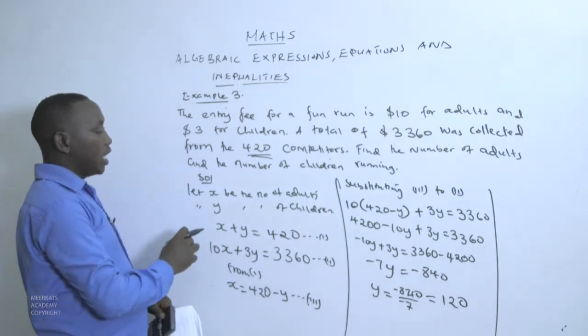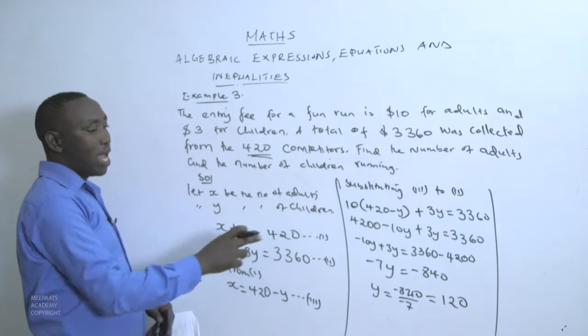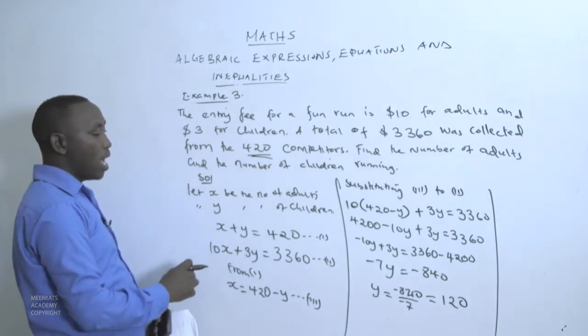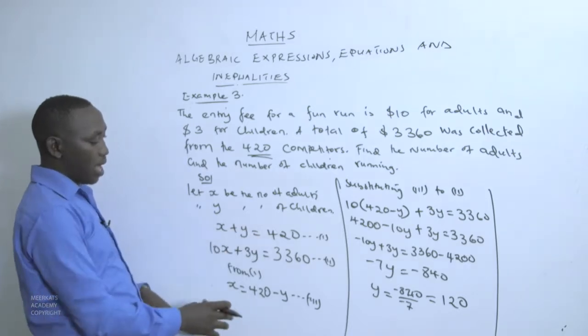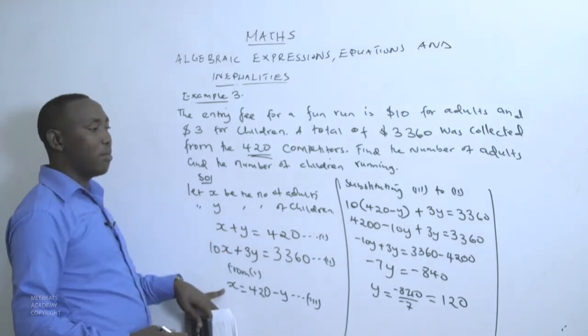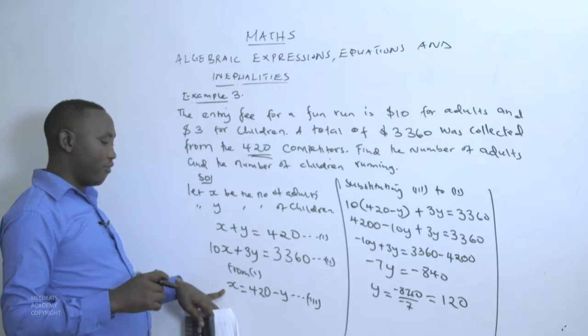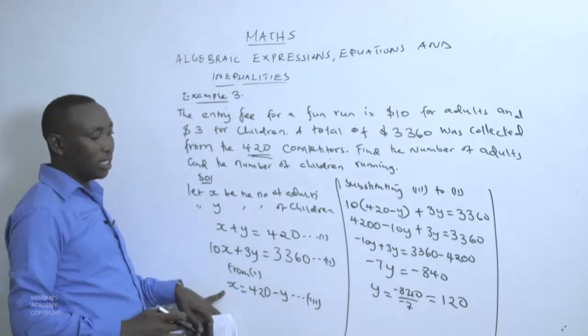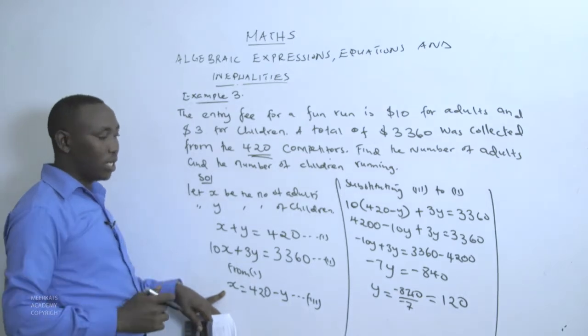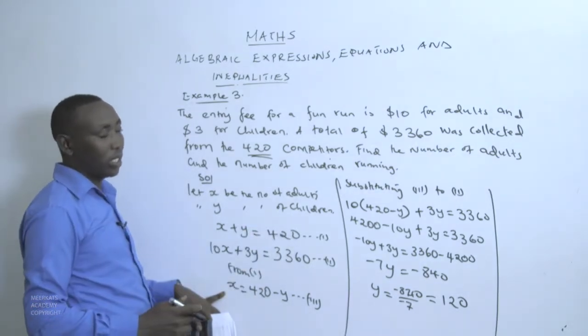We can therefore proceed and get the value of x by substituting y in either of the two equations. Easier, let us use equation 3 to get the number of adults, which was x. Now we were told that x is 420 less the number of children, which we have found to be 120.